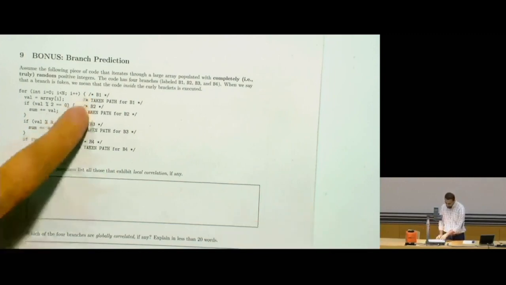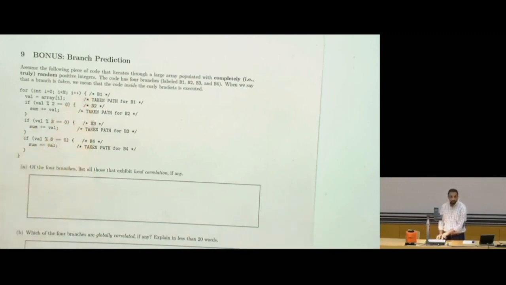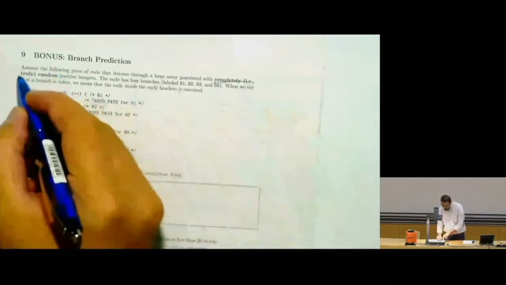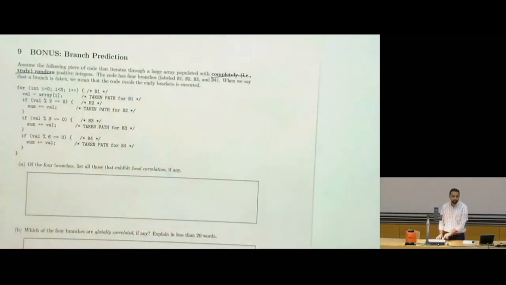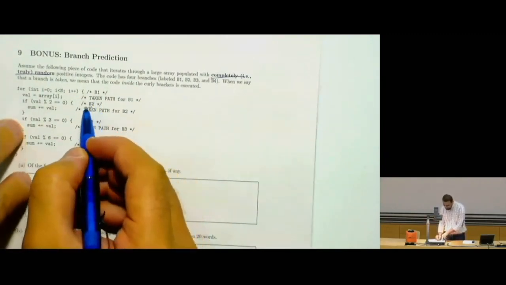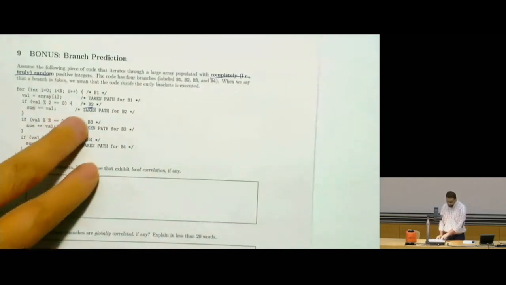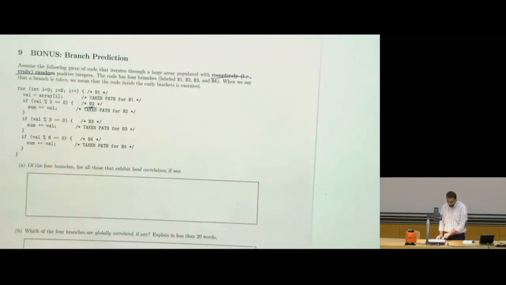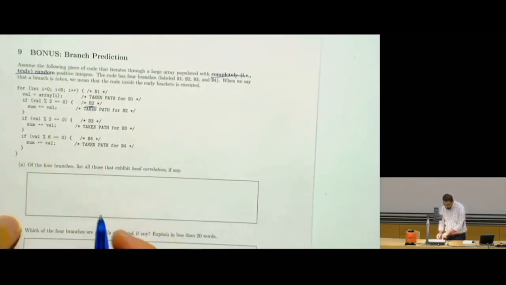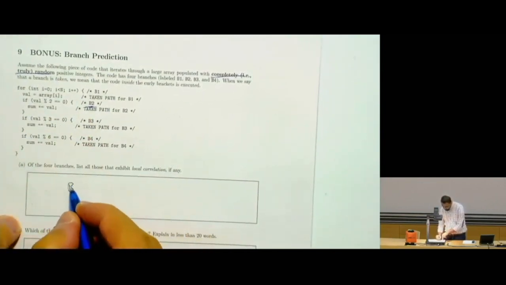But for branch 2, branch 3, and branch 4, I'm trying to examine the value of the element, and it says here it's completely random. So if I know that from the previous iteration branch 2 was not taken, I cannot predict for the current iteration whether B2 will be taken or not. So that's why the only locally correlated branch is B1.